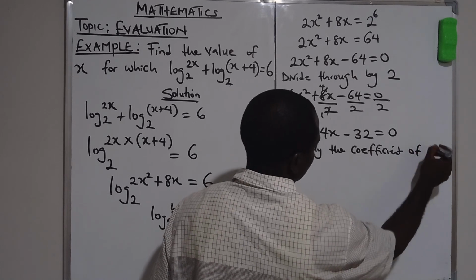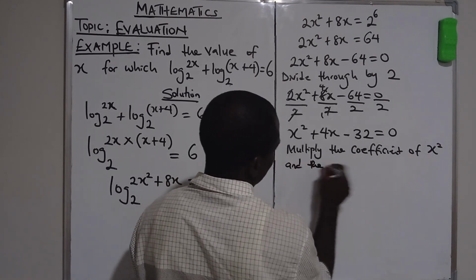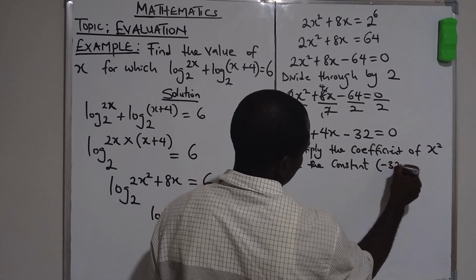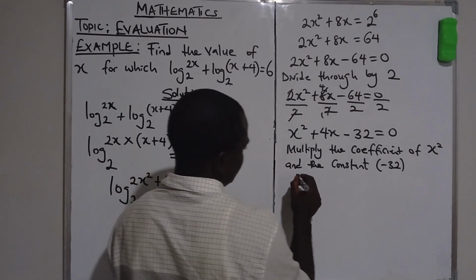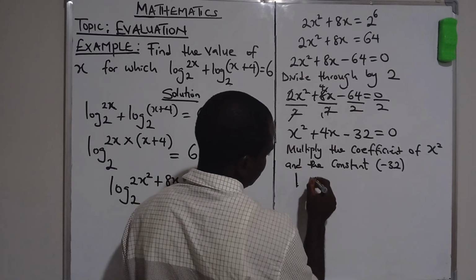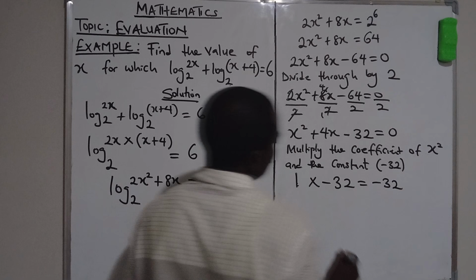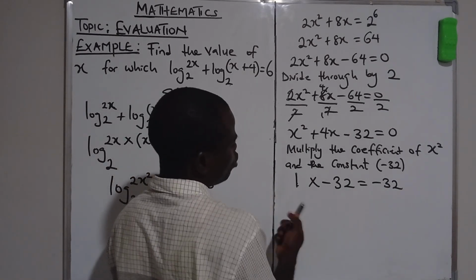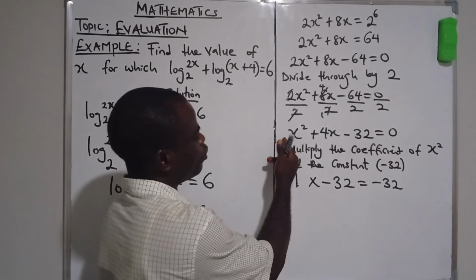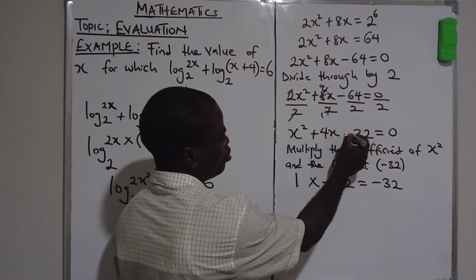The first thing to do is to multiply the coefficient of x squared with the constant minus 32.